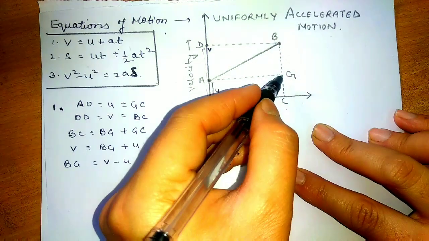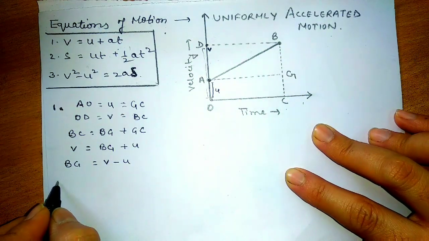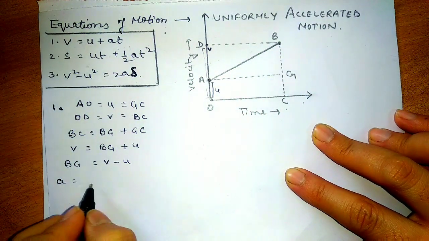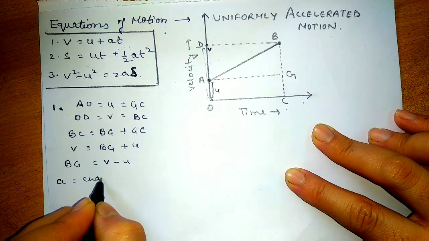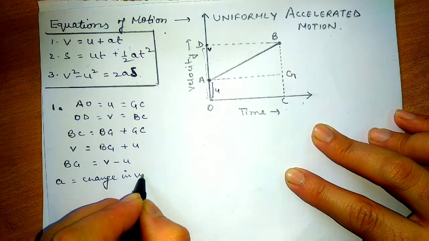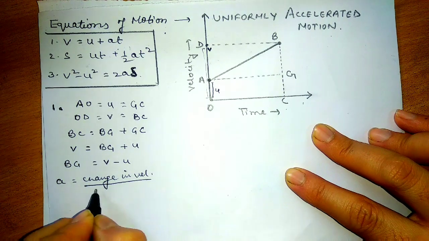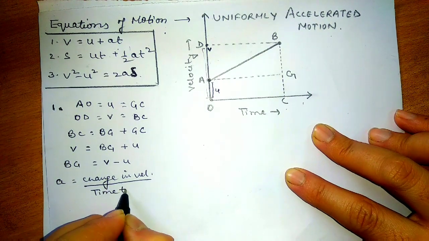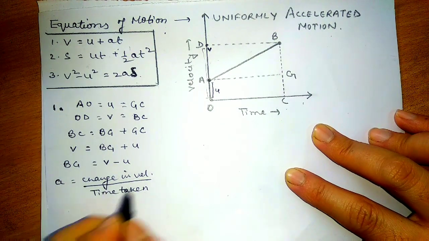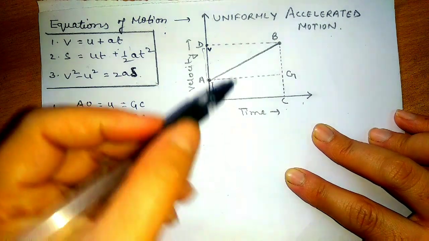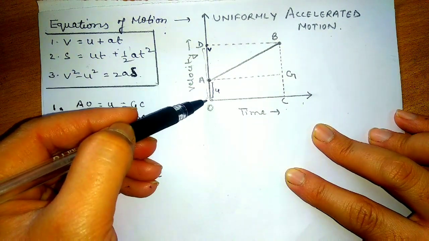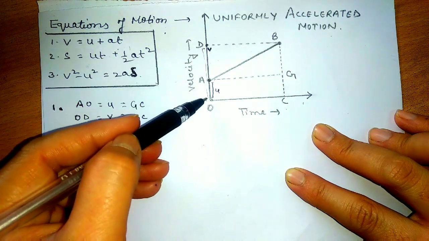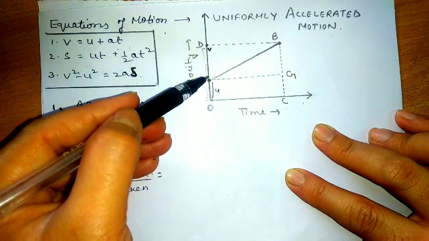Now this is BG. We have discussed the formula of acceleration as a is equal to change in velocity divided by time taken. So change in velocity means final velocity minus initial velocity. That means DO minus AO, that comes out to be DA or BG.